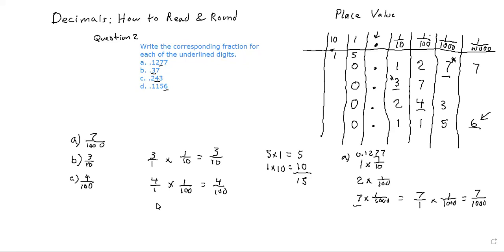We write 6 times its place value, 1 over 10,000, which equals 6 times 1 is 6, and 1 times 10,000 is 10,000 on the bottom. So the answer for D is 6 over 10,000. That'll be the fractional form.